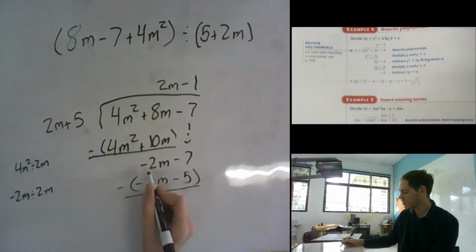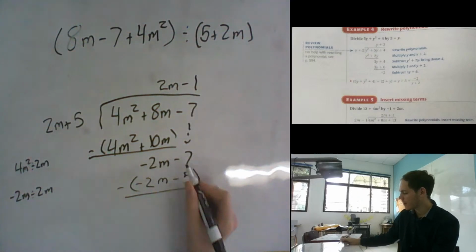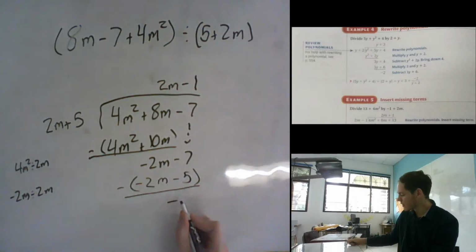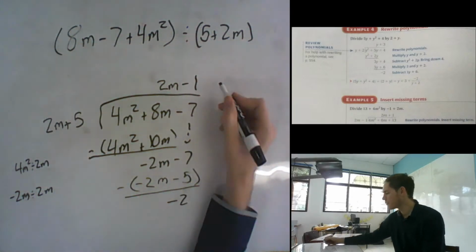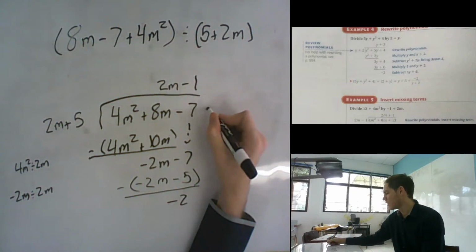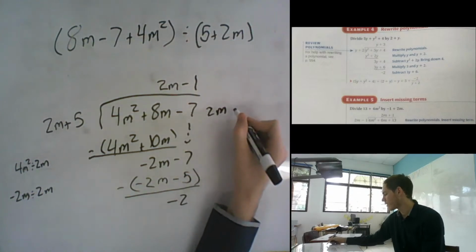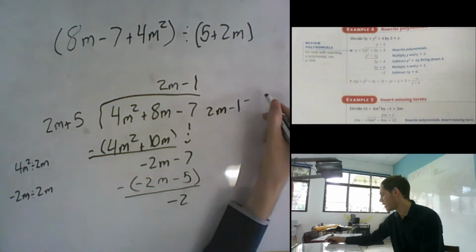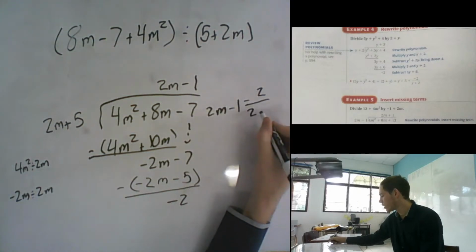These cancel, because this becomes a positive, so these two will cancel. Negative 7 plus 5 is negative 2. So my answer would be 2m minus 1 minus 2 over 2m plus 5.